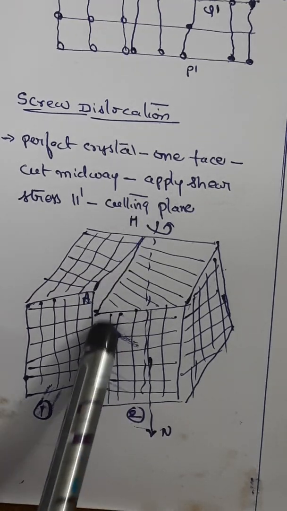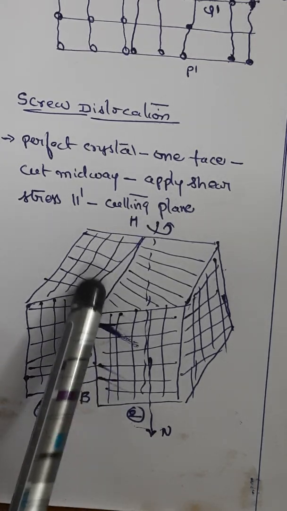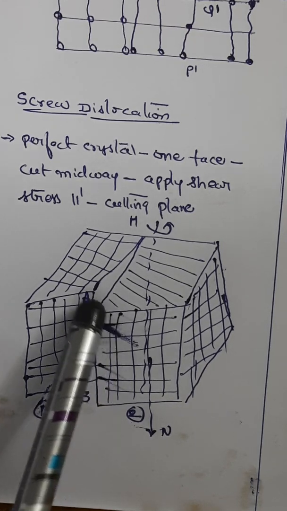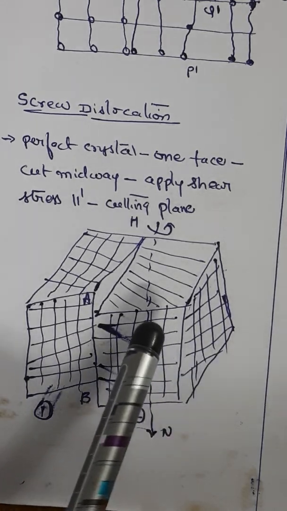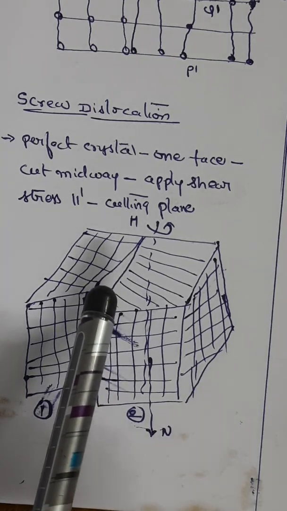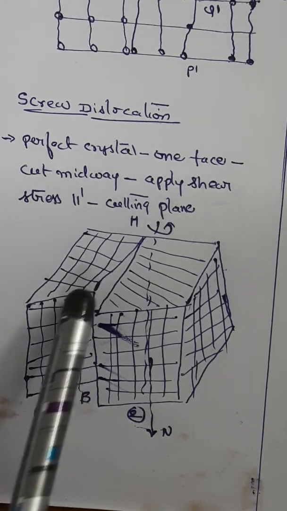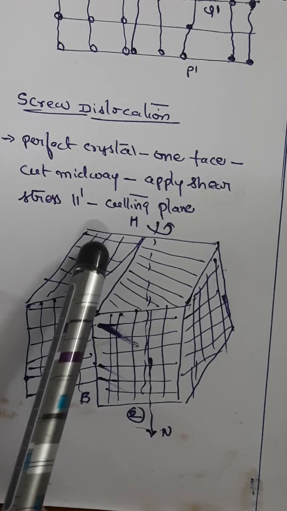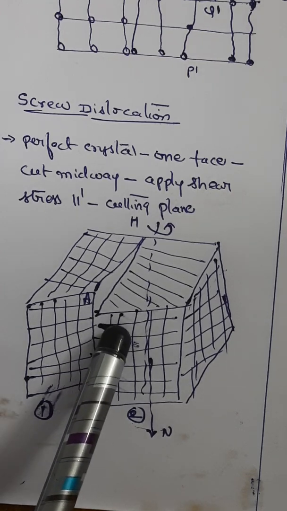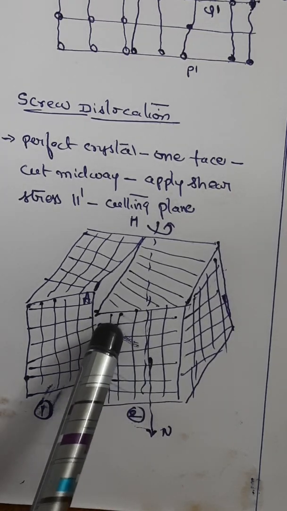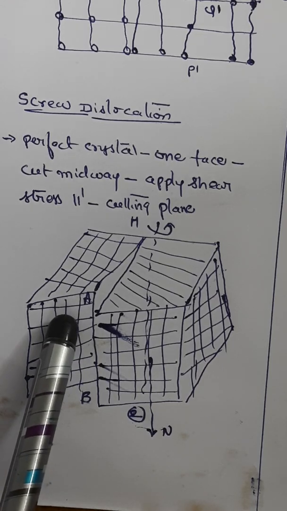When one face is cut midway along AB, and then a shear stress is applied parallel to the cutting plane, such that the right portion moves down with respect to the left portion.